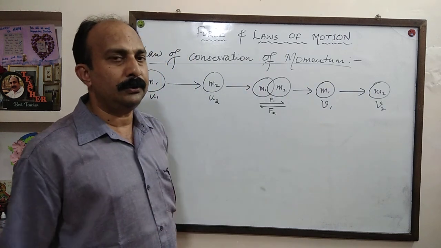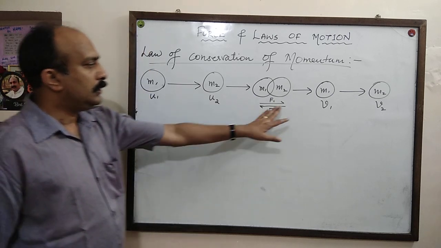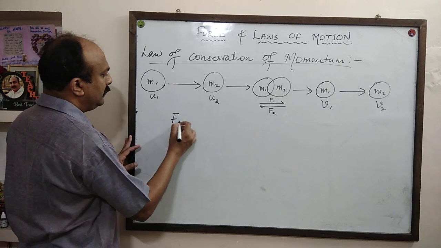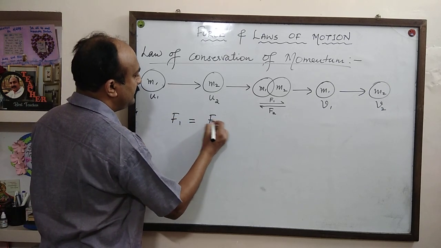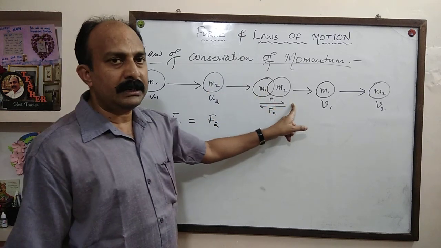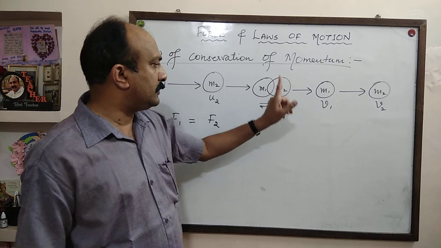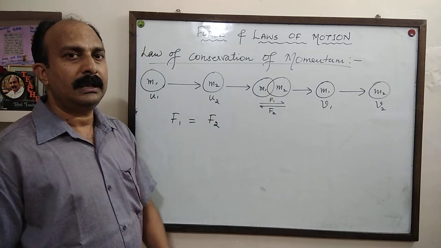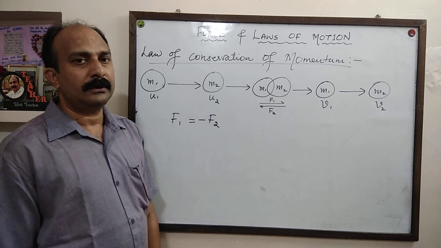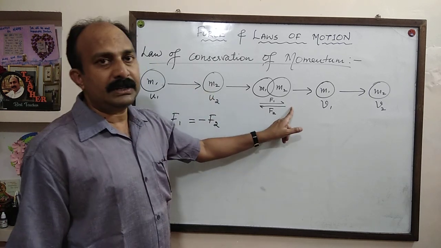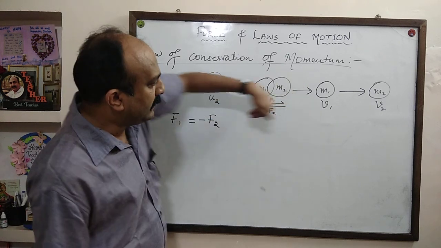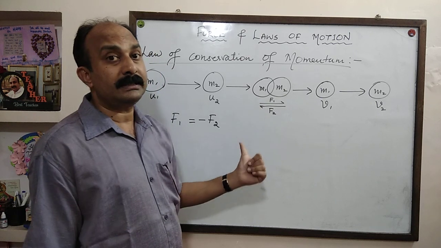Okay, now continue. We know that using Newton's third law of motion, F1 is equal to F2. Action is equal to reaction, or force exerted by the first on the second is equal to force exerted by the second on the first. But this time we will put a minus sign also here. Why? See the direction. The direction of force F1 is this, and the direction of force F2 is reverse.